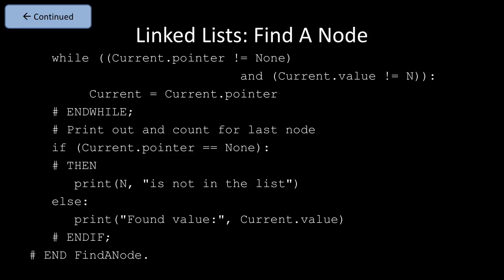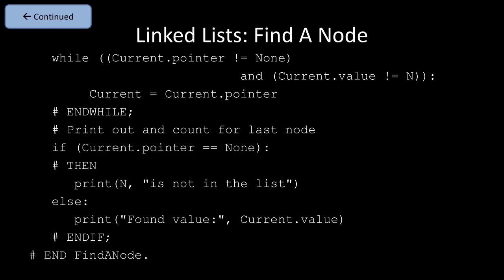Either we get to the end of the list or we get to the value we're looking for. And inside the loop, all we're going to do is keep looping around and moving one across the list by saying current gets current.pointer. So that moves the current pointer from the first node to the second to the third to the fourth and so on.